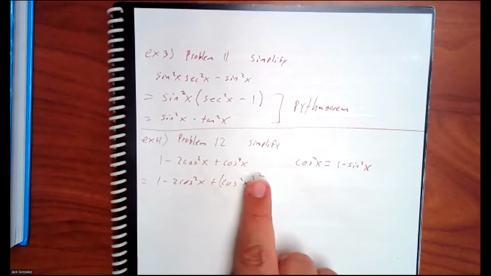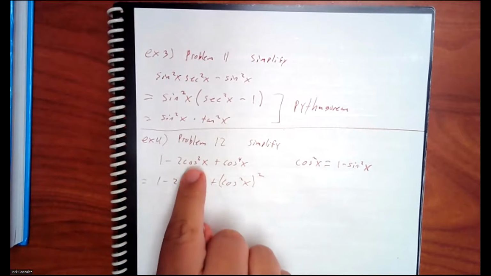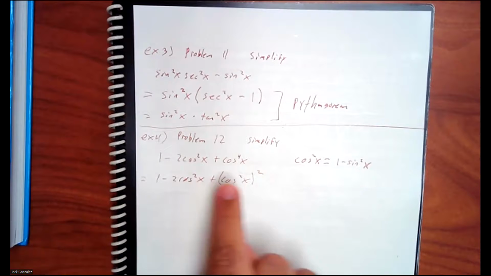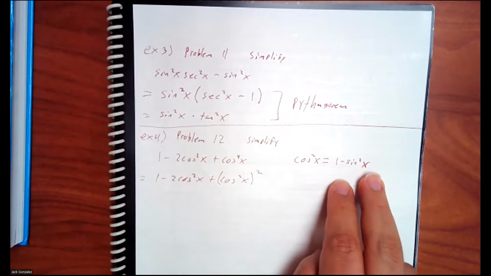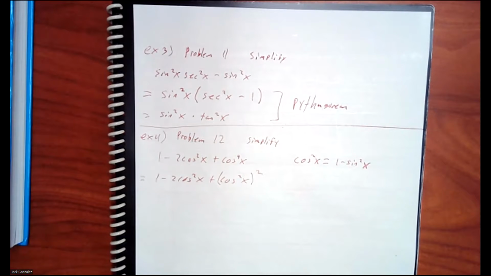When I saw this, I thought, well, there's a square and a square here. Maybe if I use this, something will happen. I don't know if it's going to work. When you're doing things and the problem starts to turn into something crazy, if I took a bad path, just try something different. Start over. After a while, you start to see patterns.